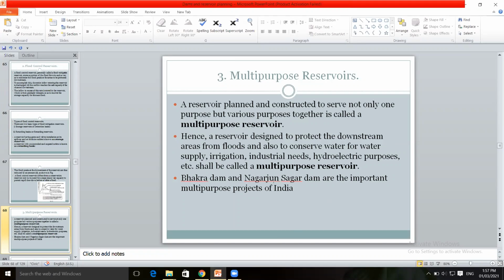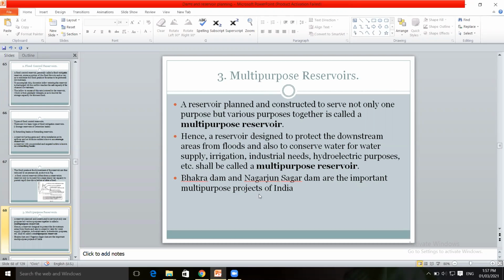Bhakra Dam and Nagarjun Sagar Dam are multi-purpose reservoirs, which we have studied in the types of dams: their storage capacity, catchment area, height and length.